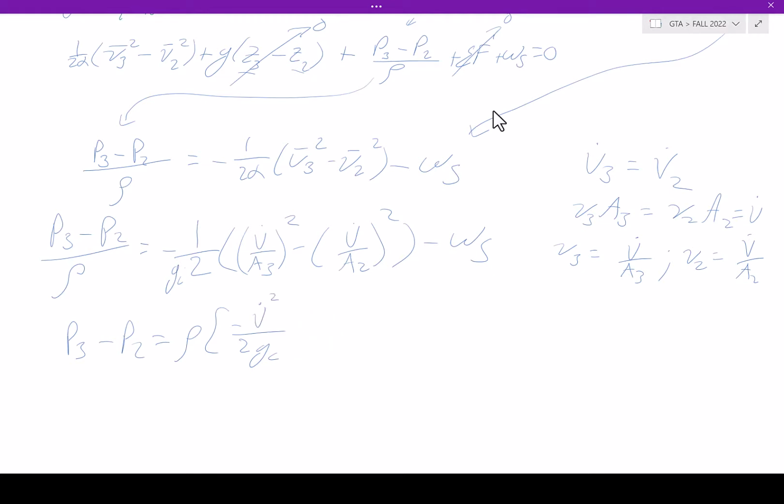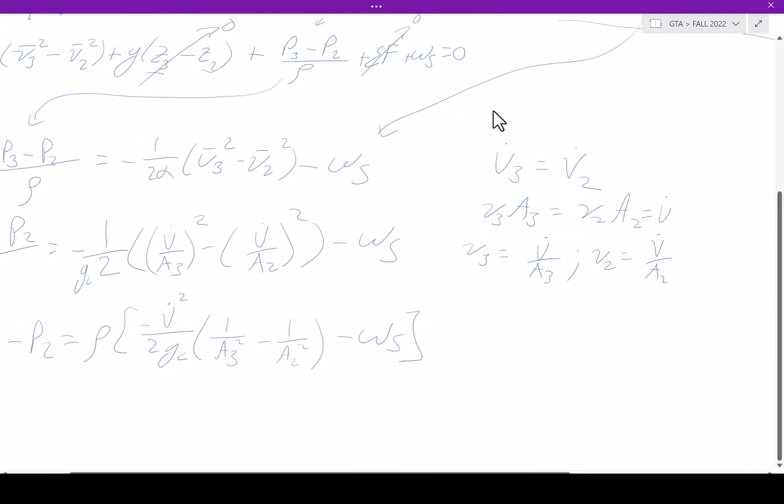Volumetric flow rate squared times 1 over area 3 squared minus 1 over area 2 squared. And that term is subtracted from the work shaft delivered. And that should be it.